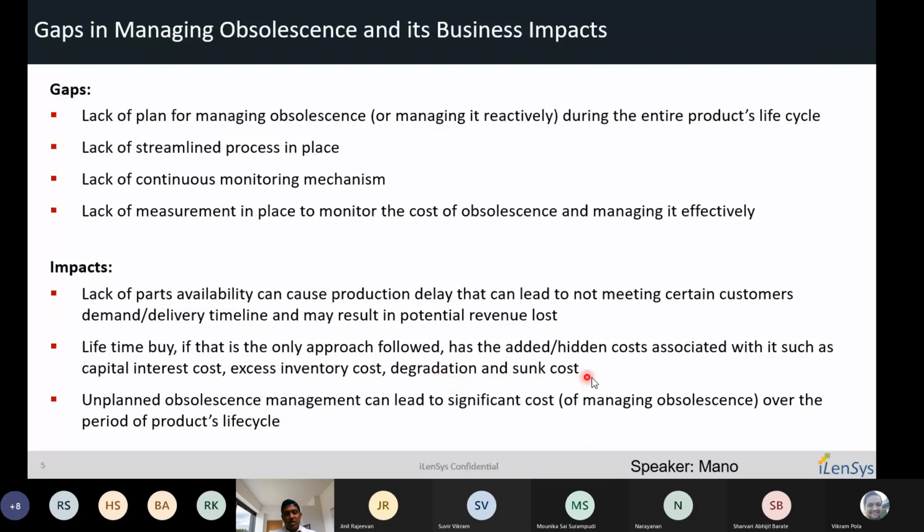So there is a good amount of hidden cost if you apply only lifetime buy as an approach for solving obsolescence issues. And in general, unplanned obsolescence can lead to a significant cost of managing obsolescence over the period of the product life cycle. So these are all the major gaps and business impacts that we could observe.